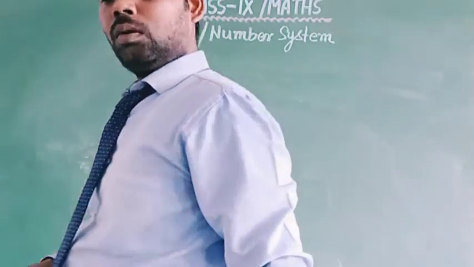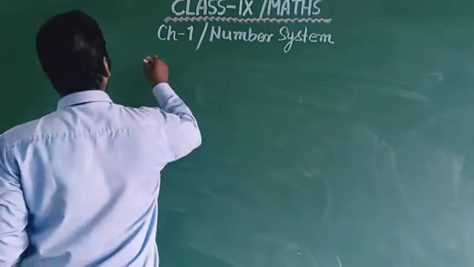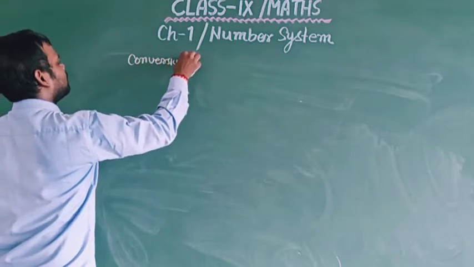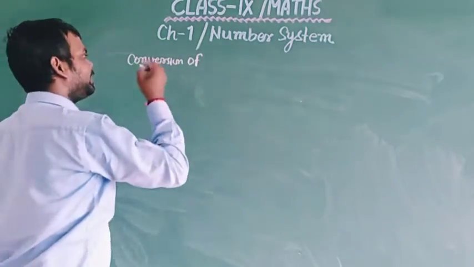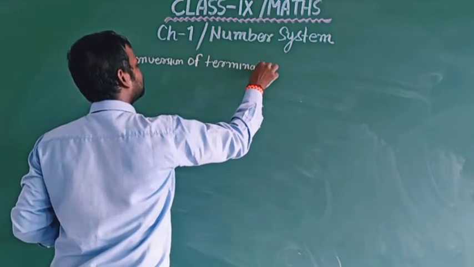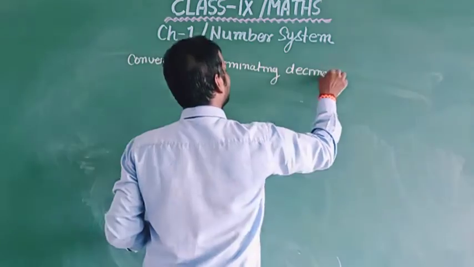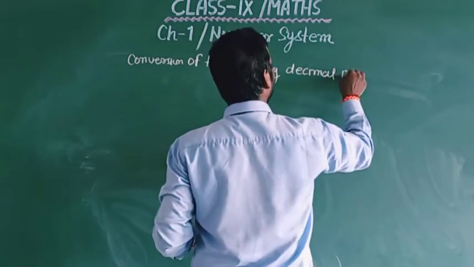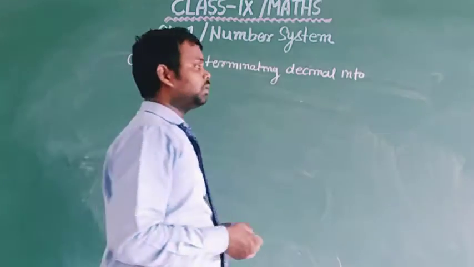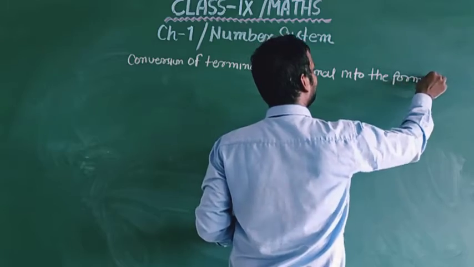Okay, now we shall discuss conversion of terminating decimal into the form p by q.